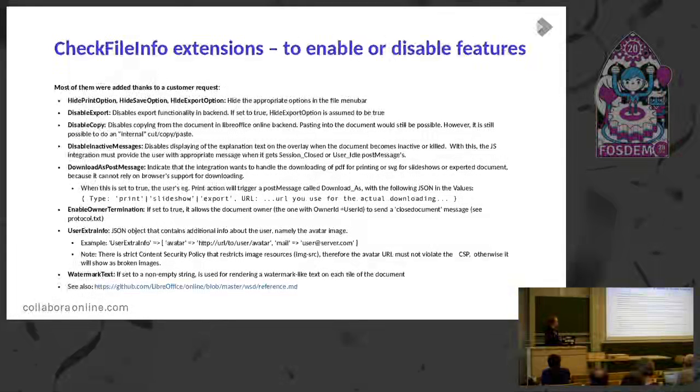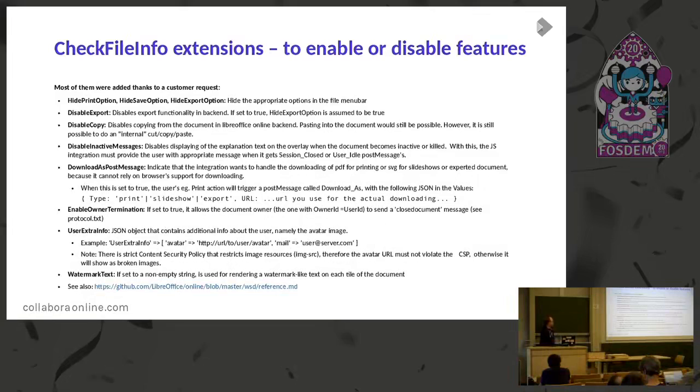Then the other thing, we have the check file info extensions. I wouldn't read them all, but we also have them in the source code. On the last line, I gave the link to the GitHub mirror, so you can read it there.